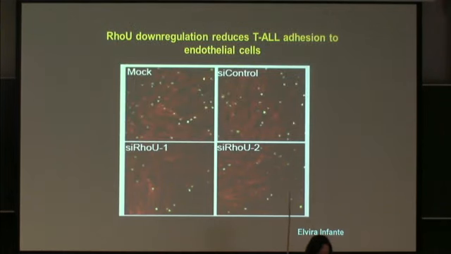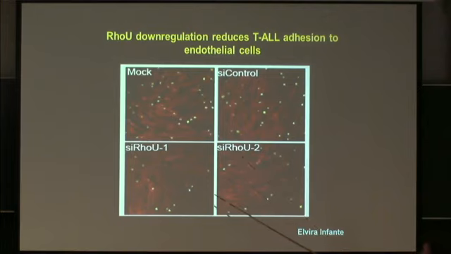What we found out about RhoU is that if we reduce the levels of RhoU by exactly the same mechanism with small interfering RNAs, we can reduce the attachment of the T cells, actually these are the leukemia cells because they have high levels of RhoU, to the endothelial cells. These are images where the endothelial cells are red and the leukemia cells are green.